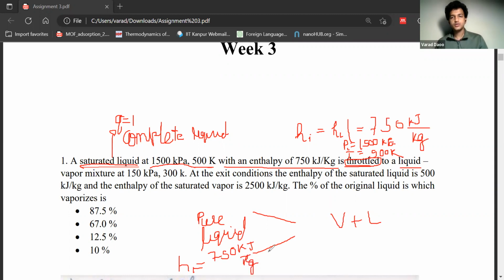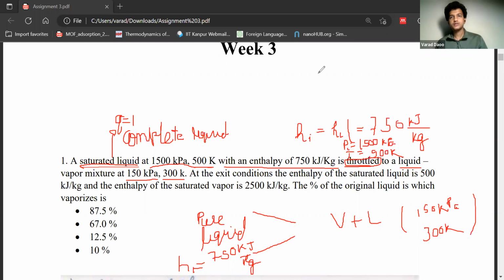This liquid is throttled to 150 kilopascal and 300 Kelvin. So the conditions are 150 kPa and 300 Kelvin, and it is throttled.